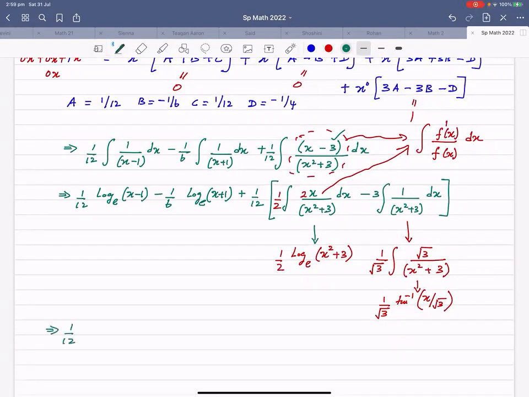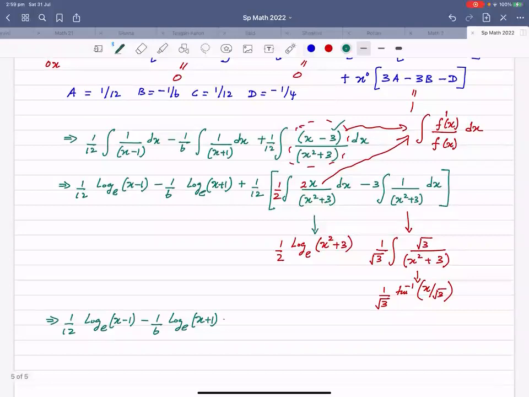So 1 divided by 12 log e x minus 1 minus 1 divided by 6 log e x plus 1. And then here you have plus 1 divided by 24. Why? Because 12 times 2 is 24 log e x squared plus 3. And then you have another 3 here, right?